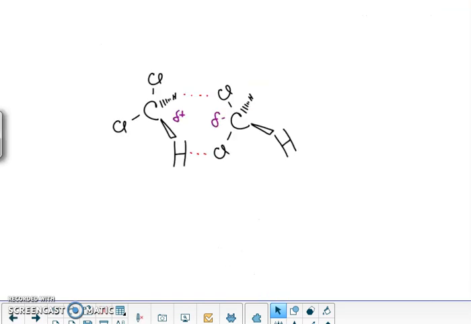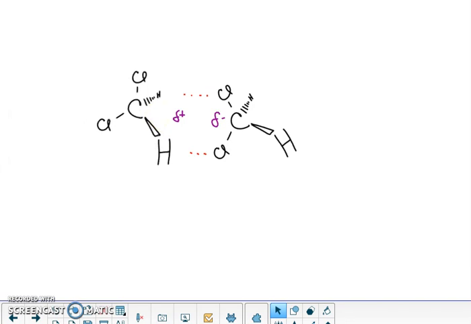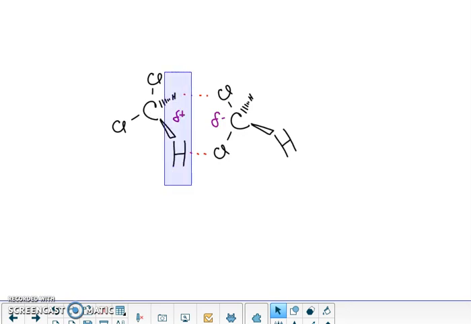The dichloromethane molecule right here has a positive end, which is this right here. Then it has a negative end of the molecule over on this side. The negative end is because of the chlorines, the more electronegative element. The positive end is due to the hydrogens, which are less electronegative.